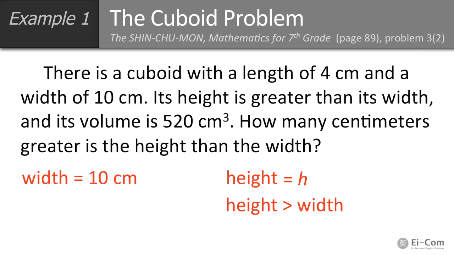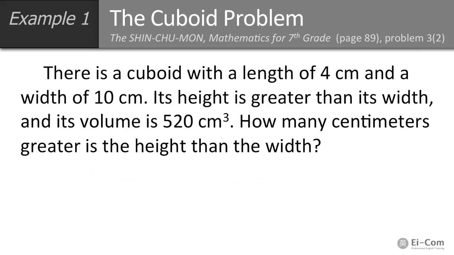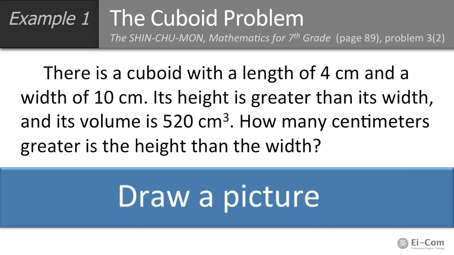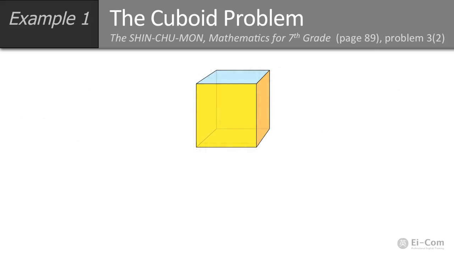Since we are using words such as cuboid, length, width, height, and volume, it may be a good idea to draw a picture. A picture helps us visualize the problem that we are trying to solve. So here is a cuboid.